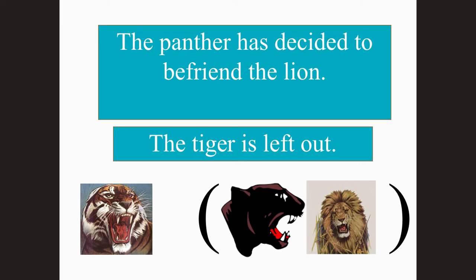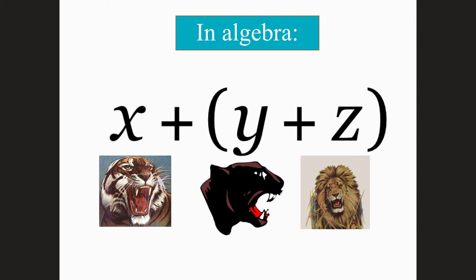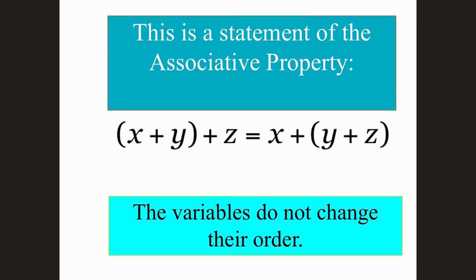Now in this image, we're switching the association. The panther has decided to befriend the lion, and I have the tiger here being left out. So here in algebra, I have x plus, open parentheses, y plus z, close parentheses.